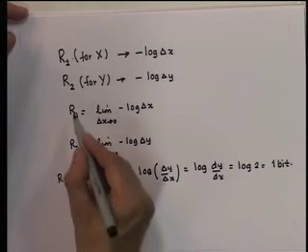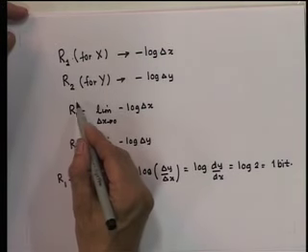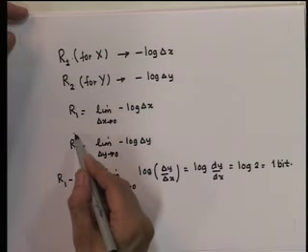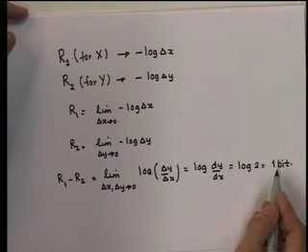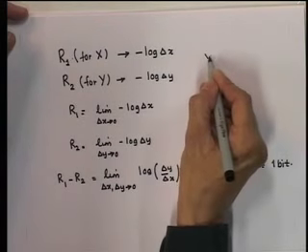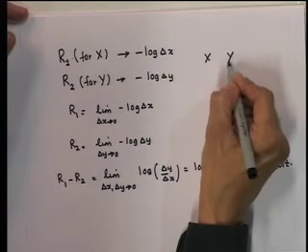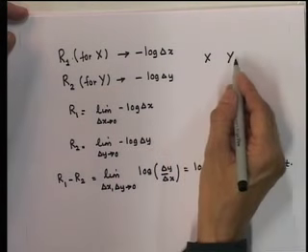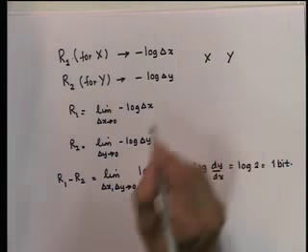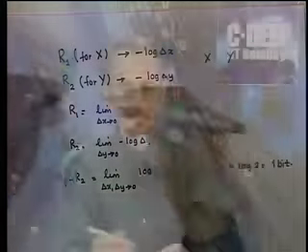Thus, R 1, the reference entropy of x, is higher than the reference entropy R 2 for y by 1 bit. Hence, if x and y have equal absolute entropies, their differential or relative entropies must differ by 1 bit.